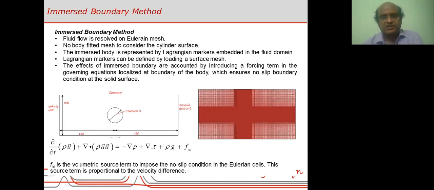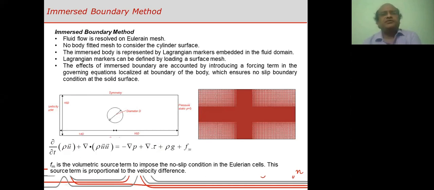But just to demonstrate the immersed boundary method, in the immersed boundary method, we don't need to generate a mesh which is fitting the surface of the cylinder. We can have a Cartesian mesh like this, and then there can be a separate surface mesh, surface representation of the cylinder, and we can tell the solver that there is another surface at this location.